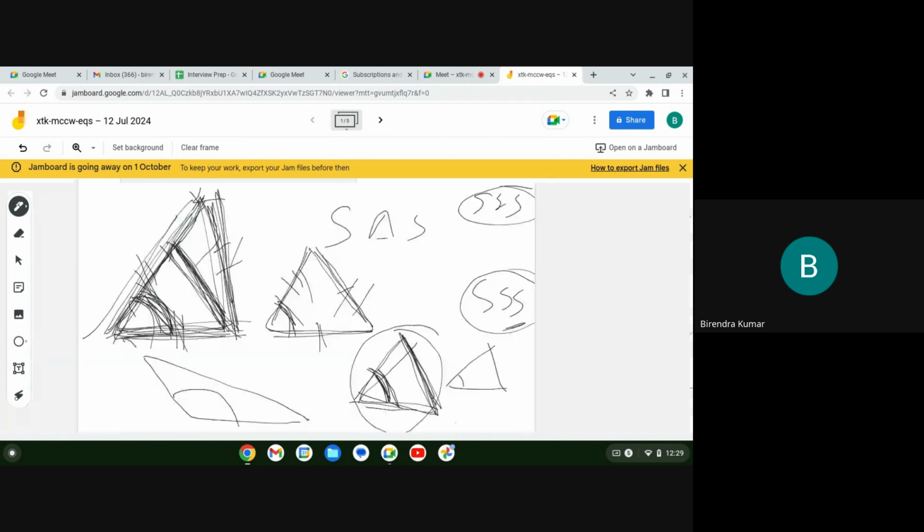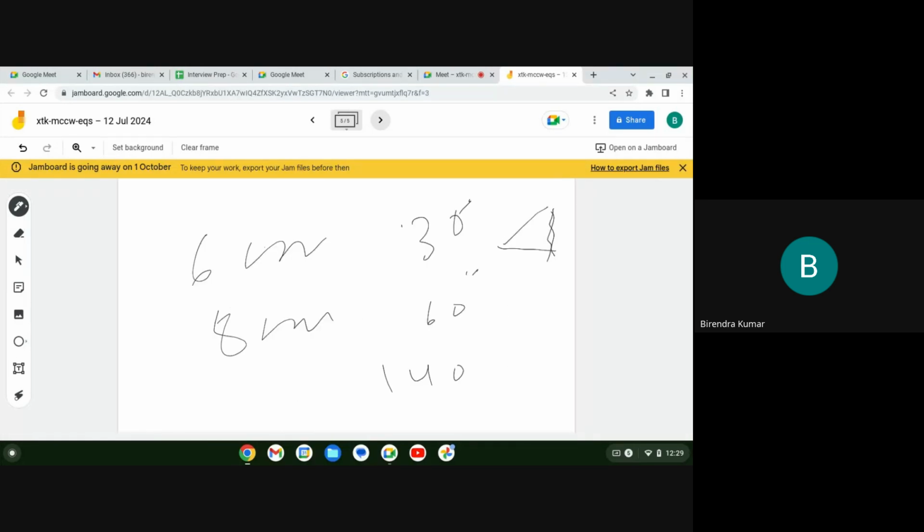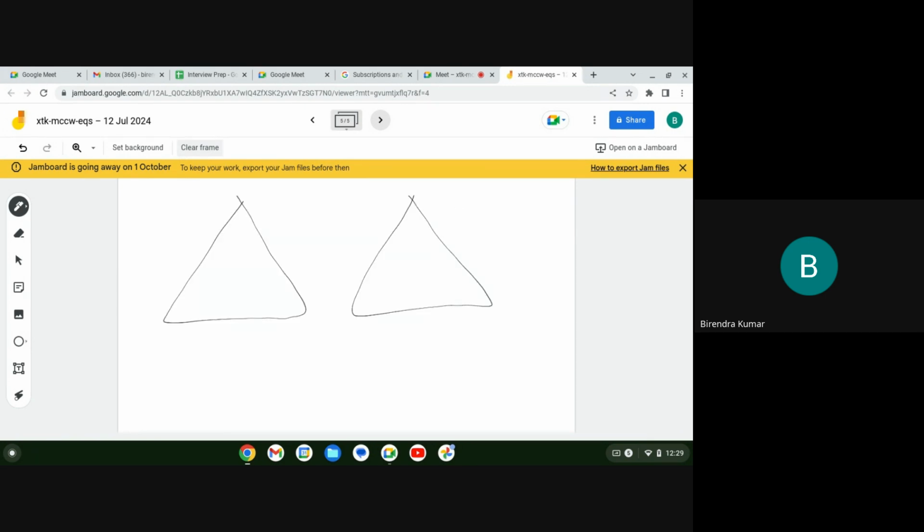So we can say that if there are two triangles with two sides matching and the angle also matching, this side will be the same because this side's length is a function of this angle. Since these two sides are the same, this side is also the same, which means both triangles have the three sides matching, so they are congruent.